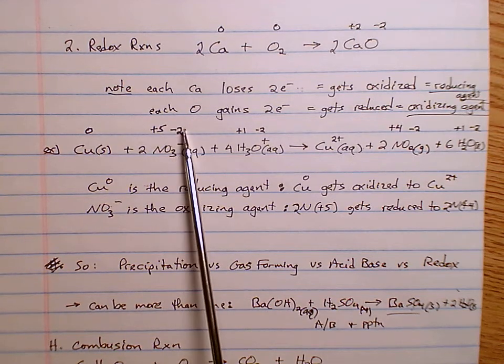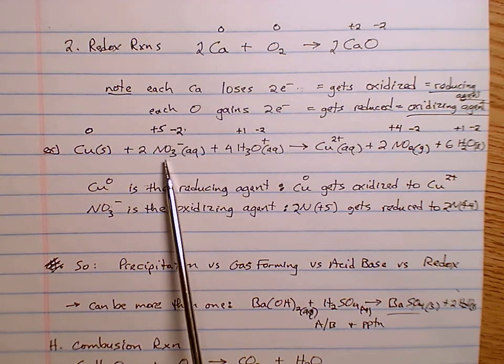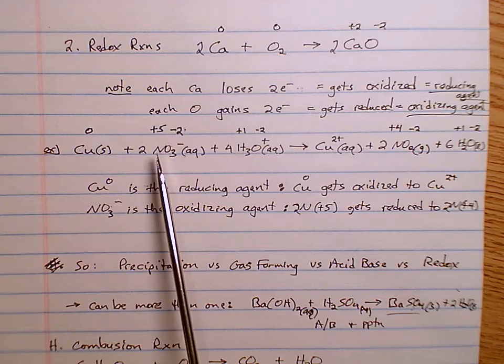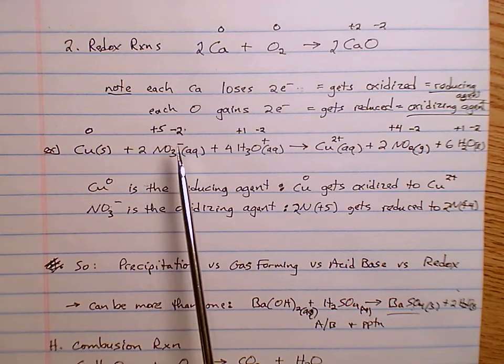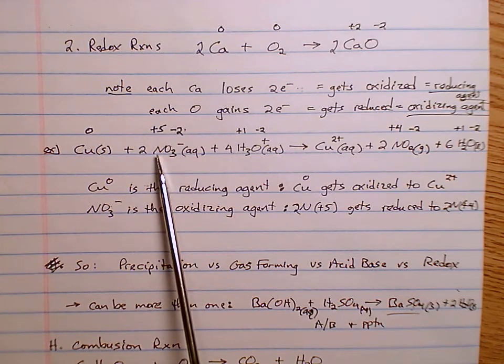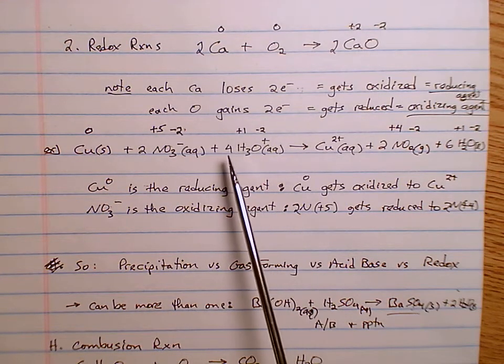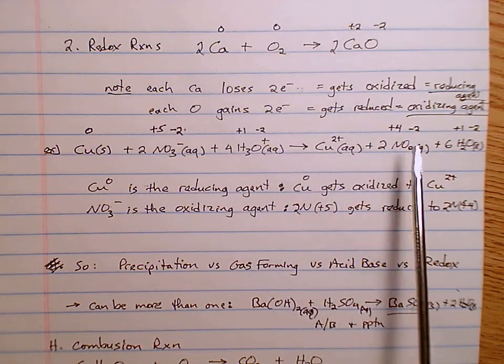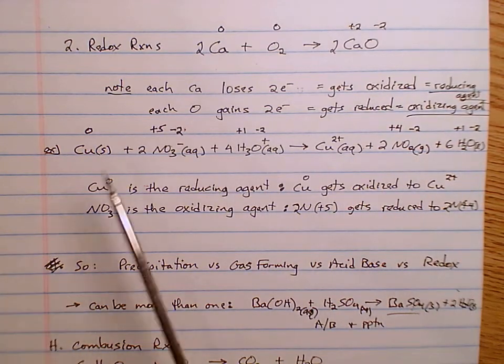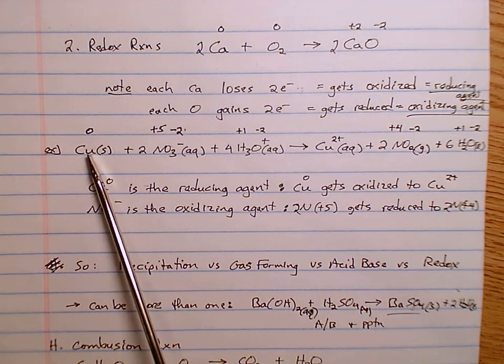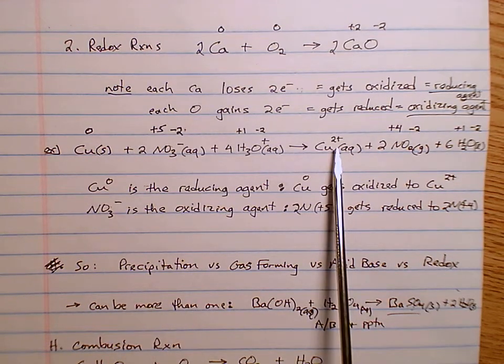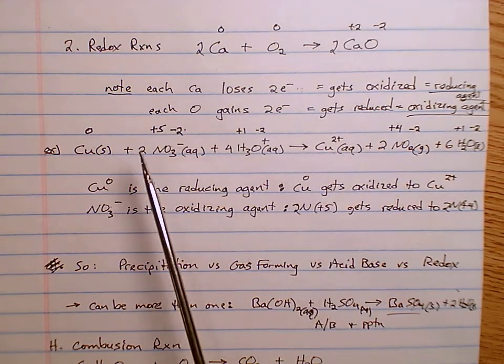Each oxygen is 2 minus, because 3 of them make -6. The nitrogen is +5, because -6 and +5 give us an overall -1. Can nitrogen be +5? Yes, it can. It has five valence electrons. And we go through assigning the oxidation numbers to everything else down the line. And we see copper started at 0, copper ends at 2 plus, copper gets oxidized.